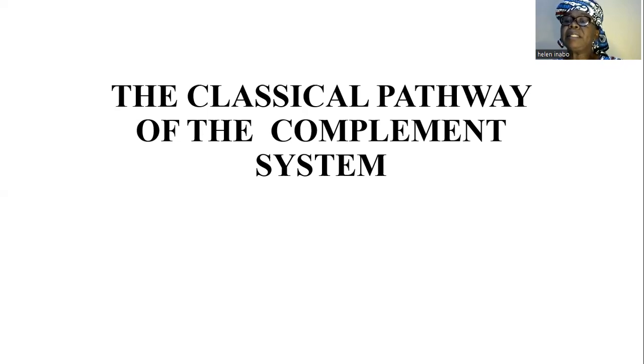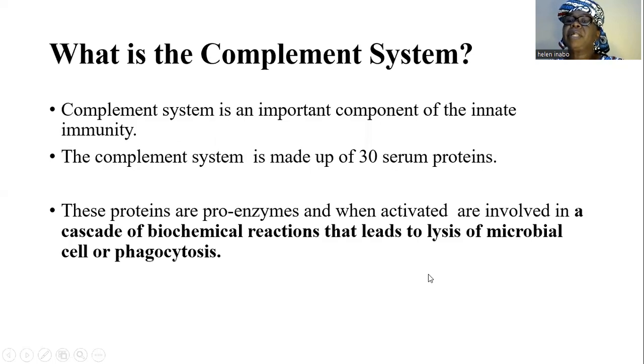A complement system is made up of 30 serum proteins. These proteins are regarded as proenzymes, or inactive, and when they are activated, they are involved in a cascade of biochemical reactions that leads to lysis of microbial cells or phagocytosis.